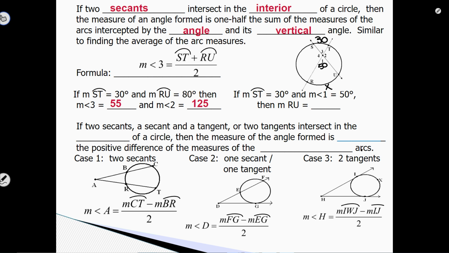Because we should have 50 equals 30 plus x divided by 2. So how would I get rid of the divide by 2? Multiply. So then I would have 50 times 2 over here, which is 100, equals x plus 30. Subtract. 100 minus 30 is, there we go. All right.